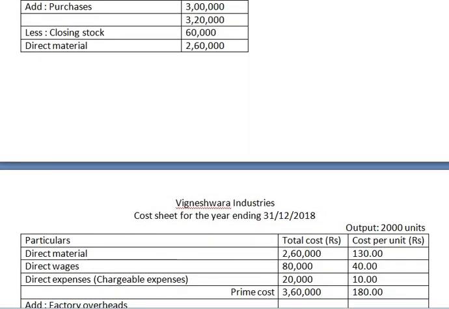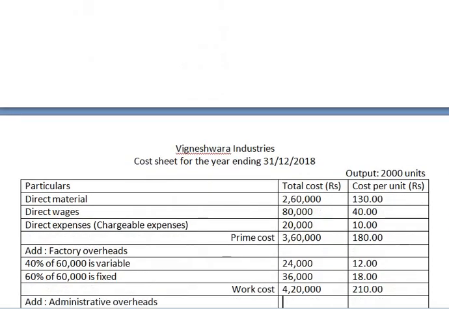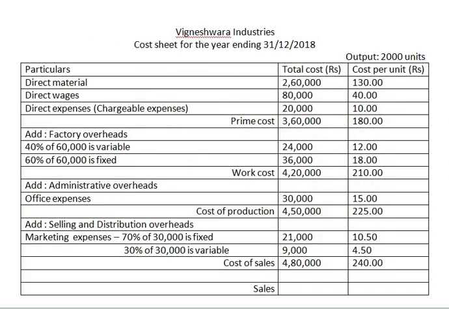Just go through the problem. Sales is 5 lakhs. 5 lakhs divided by 2,000 is 250.